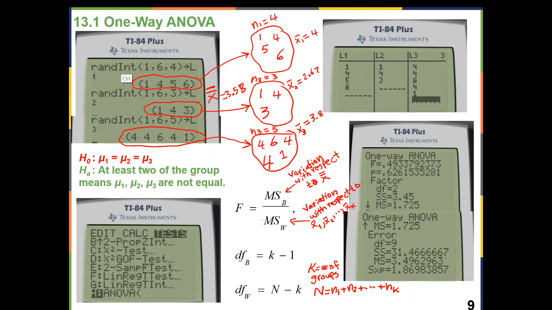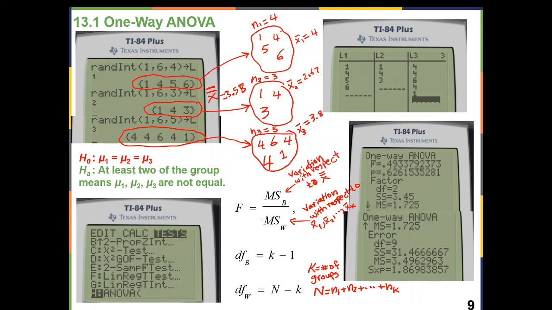I randomly sampled a bunch of integers from 1 to 6. First I picked 4 integers randomly, and I created L1 here. Then I sampled 3 numbers from 1 to 6 with this feature, which is under math probability on your calculator.